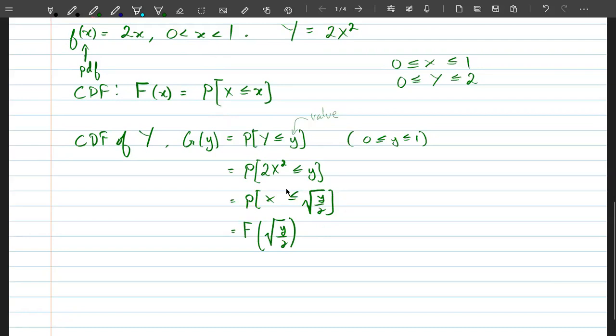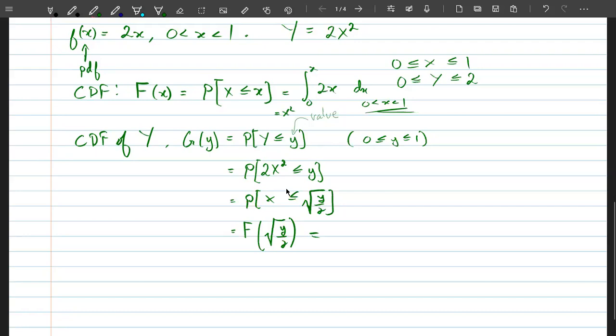Now, what is actually F of x? This is integration. Again, assuming x lies between 0 and 1, this is the integration of 2x from 0 to x, and that is x squared, only in this range.